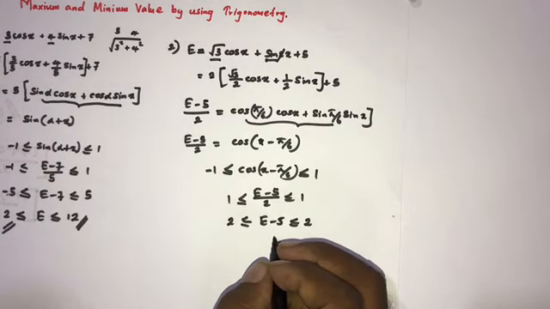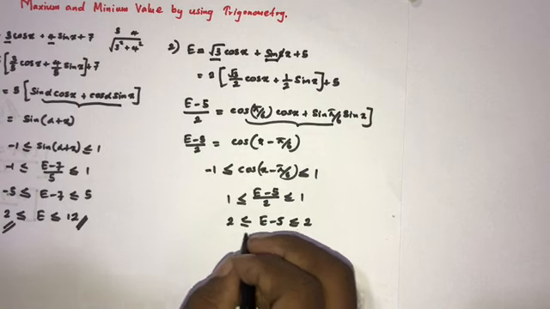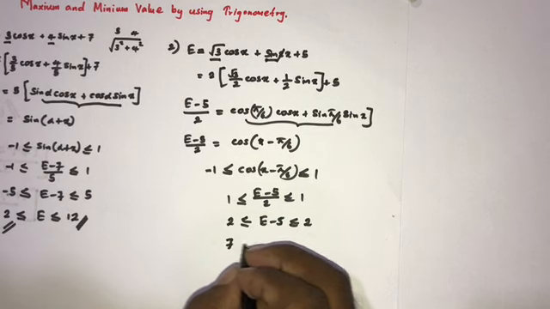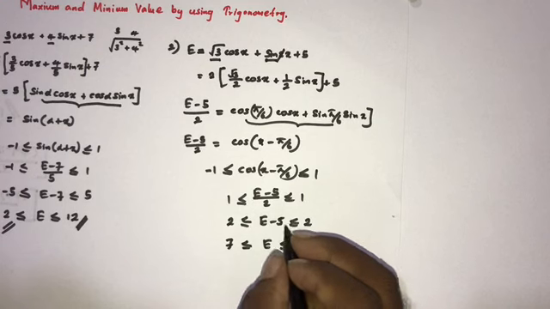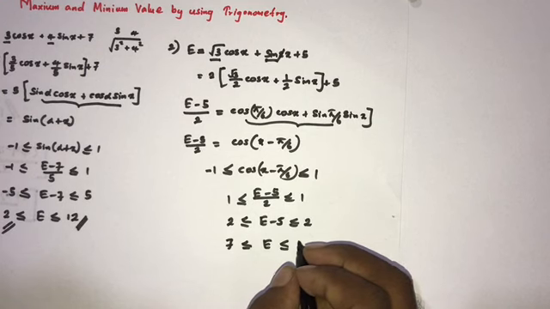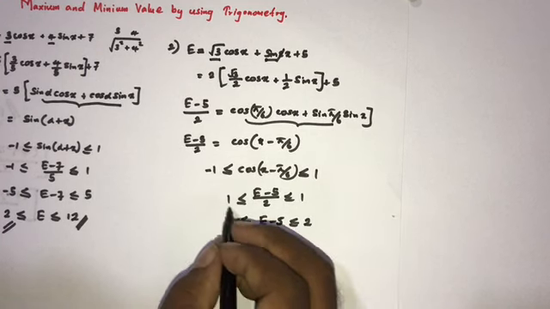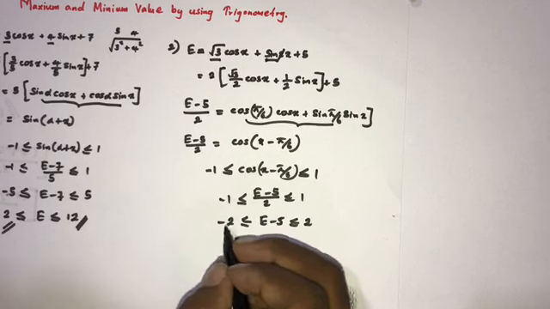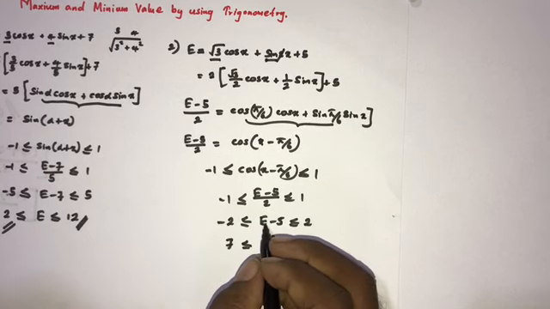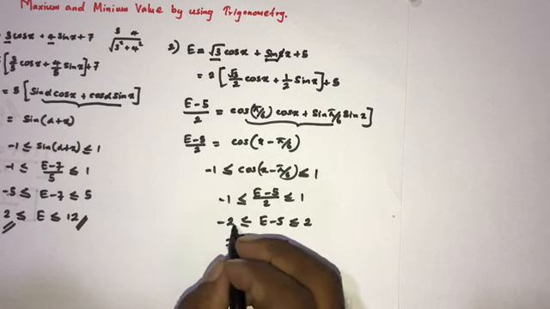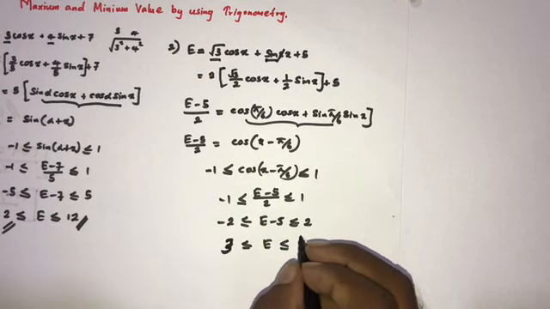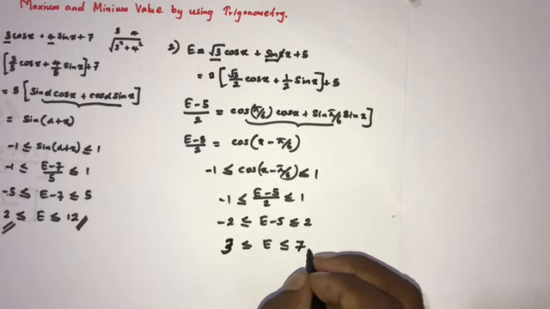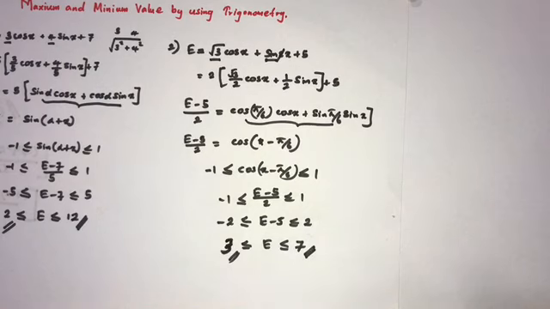Now I am going to add 5 in all places: 5 plus 2 is 7, here E, and here 5 minus 2 is 3. So the maximum value is 7 and the lower value is 3.